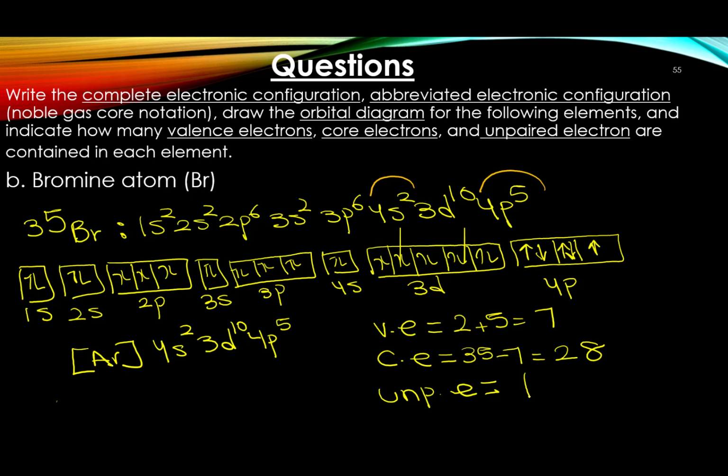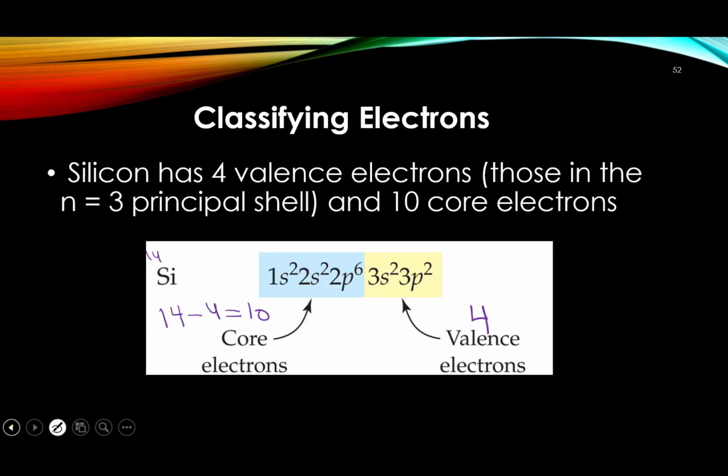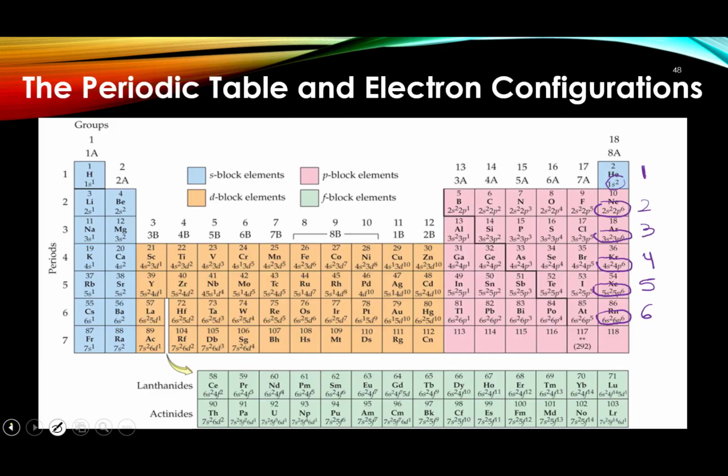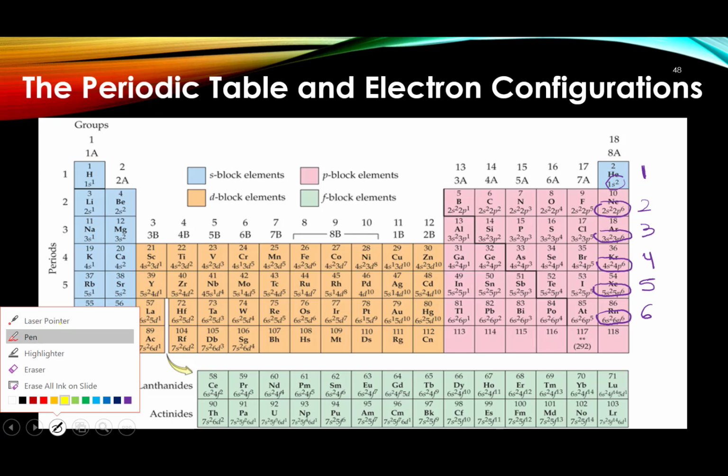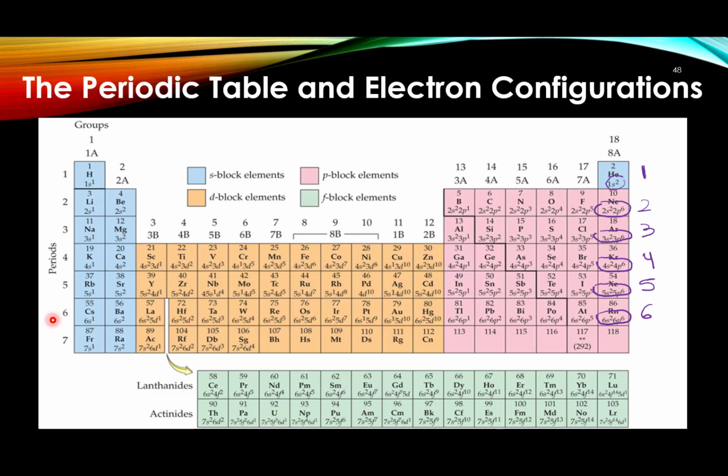Also, let's talk about one more thing. Remember I said all the elements in the periodic table are going to gain or lose electrons to have the same electronic characteristics as inert gases, group 8. They always want to have the same electronic characteristic as the noble gas before them.